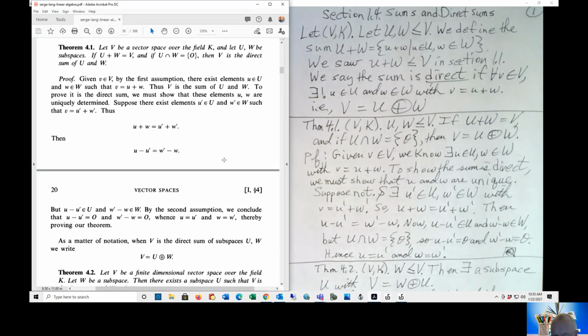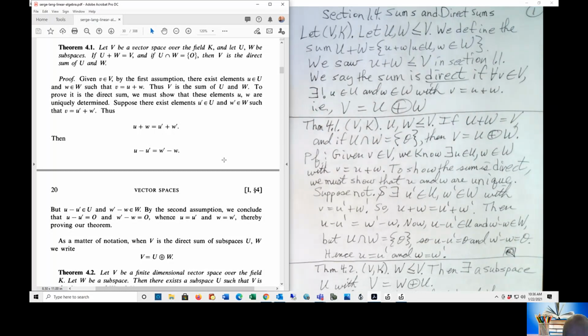Now, let's remember that subspaces are closed under vector addition. So u minus u prime is in U, and w prime minus w is in W. But remember our hypothesis that the intersection of U and W is trivial. So that means u minus u prime is the zero vector, and w prime minus w is the zero vector.